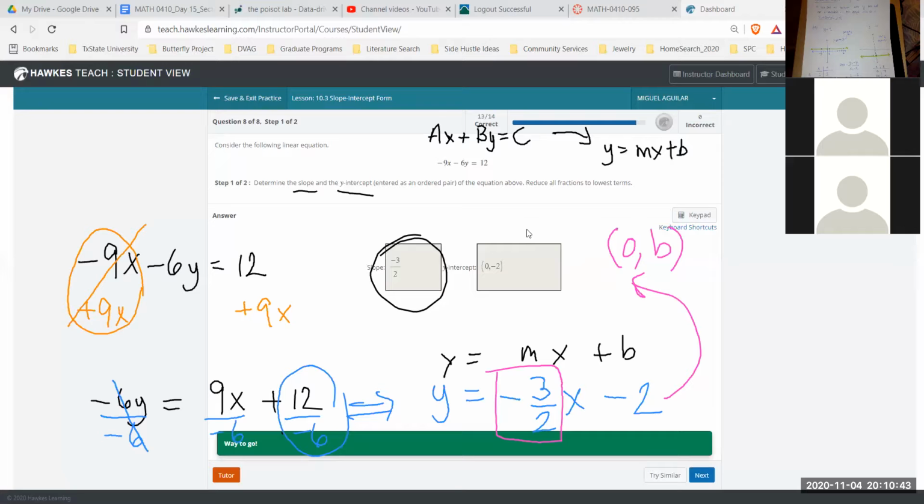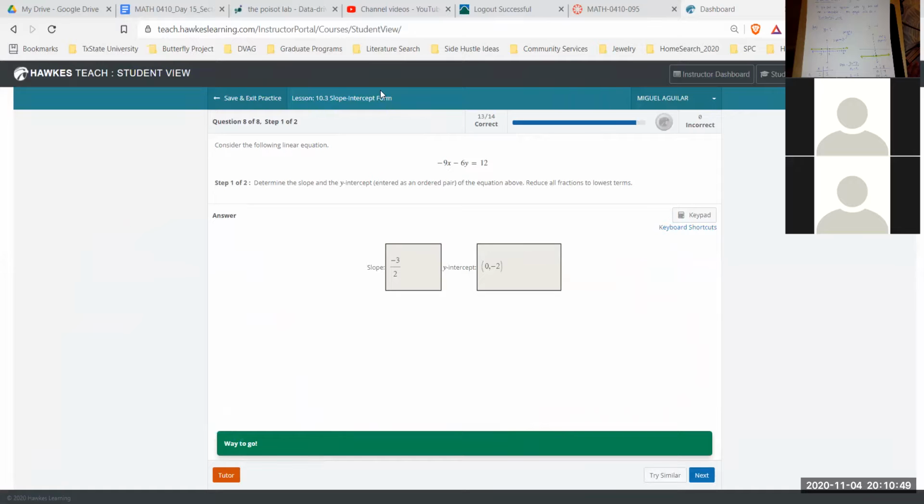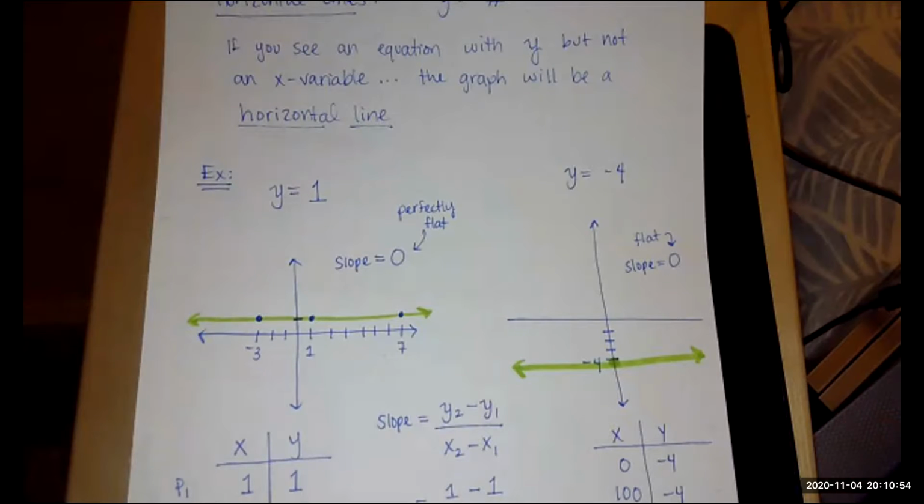And that basically takes you through that entire homework, right? So I actually want to stop there because I know that we did a lot of different things about slope-intercept form.